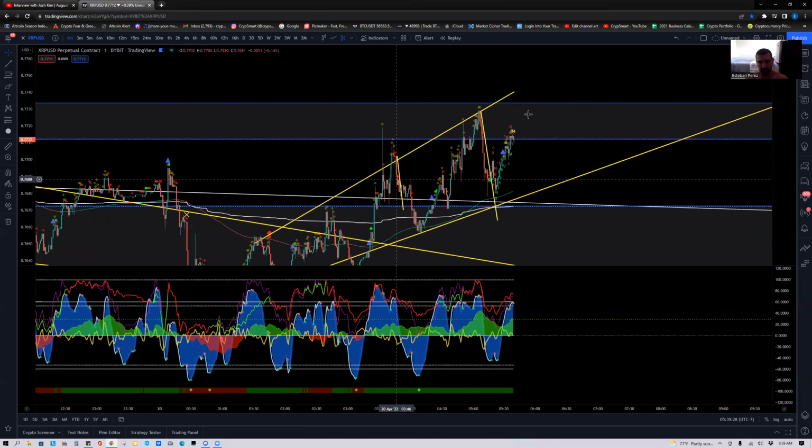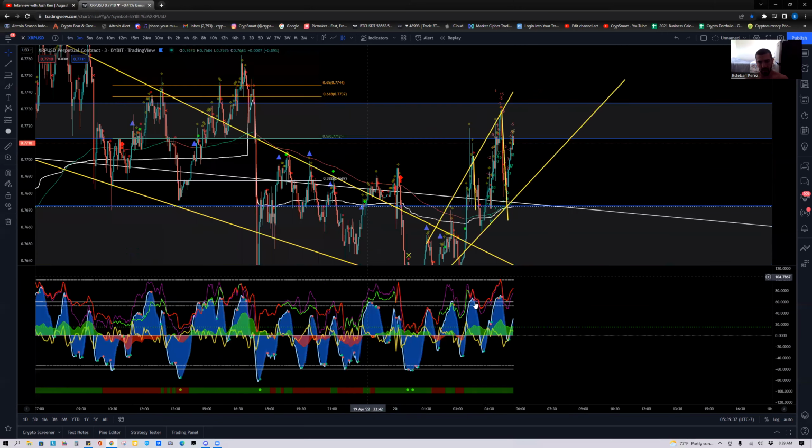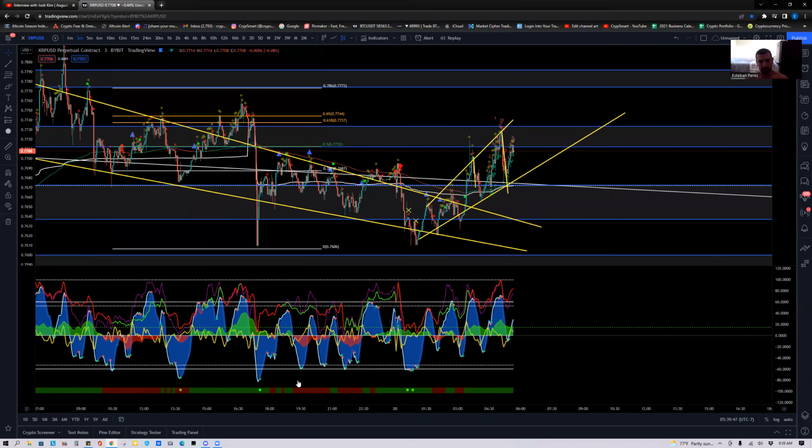Okay, so as you can see, we have, yeah, this is too high to buy, guys. Let's see. Price could definitely be losing power right now. The reason why, guys, is because we have a pattern going down, and then it broke out and went back up.